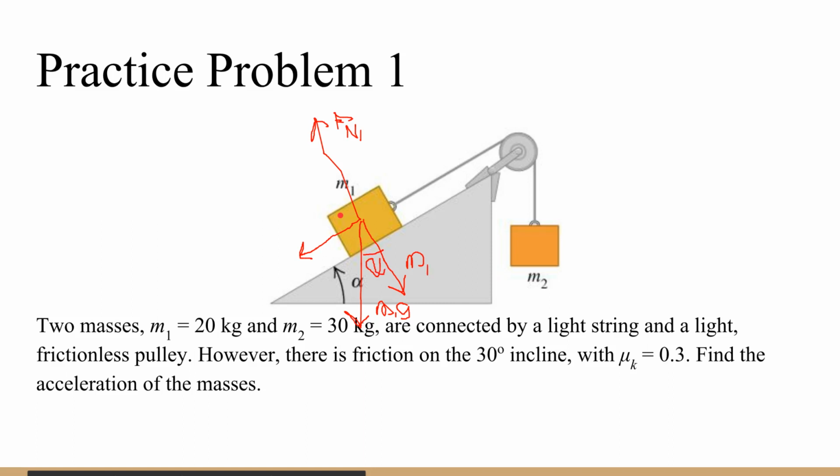So that's M1G cosine theta. Then we have M1G sine theta, sorry, alpha, but who cares?